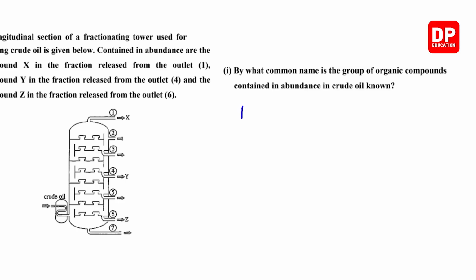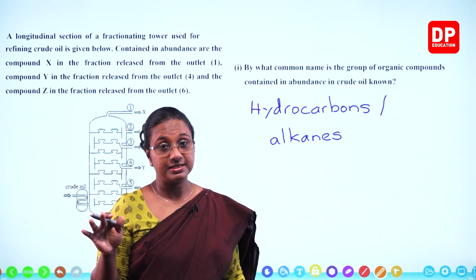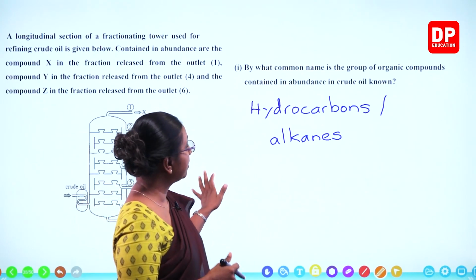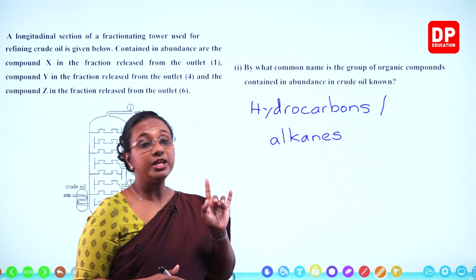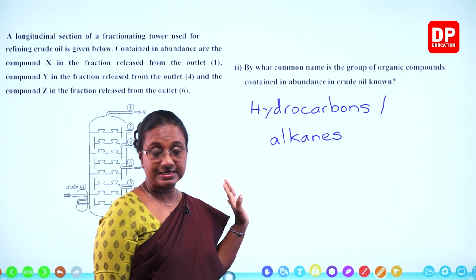So I'll write both here, hydrocarbons or alkanes. You don't have to write both. Here students, I am writing all the possible answers, like I did before. You need to just write one answer, hydrocarbons or alkanes.